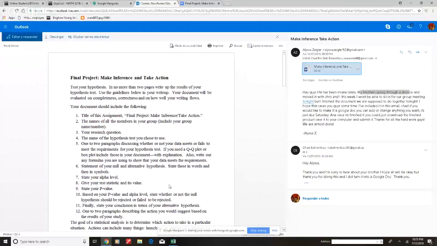Let's see here. Okay, so how do I save this on my computer?